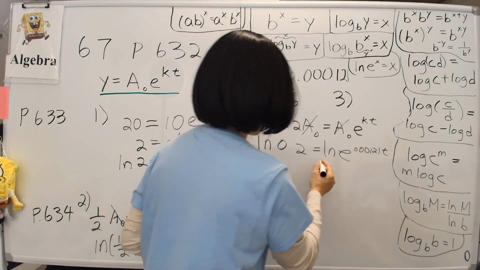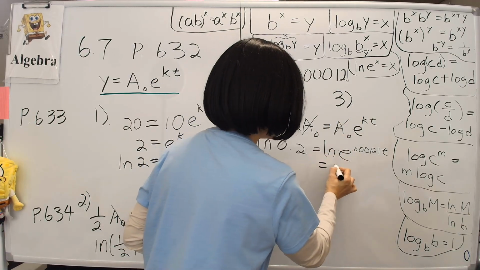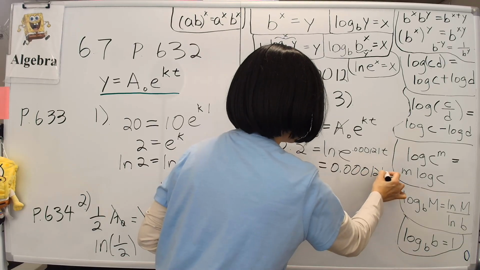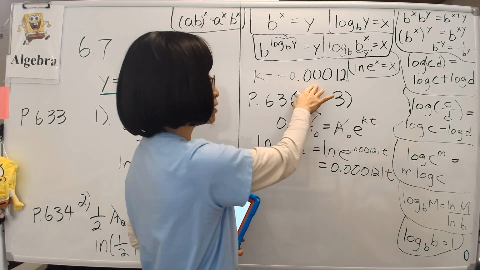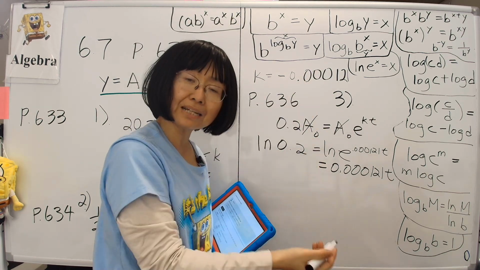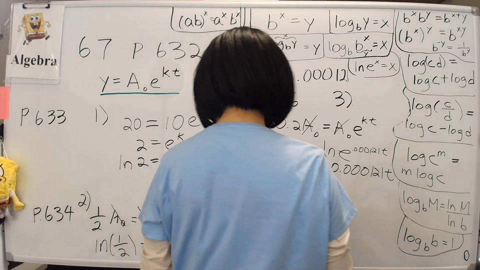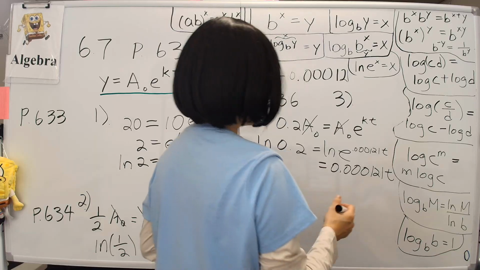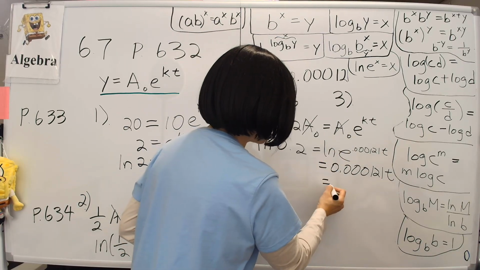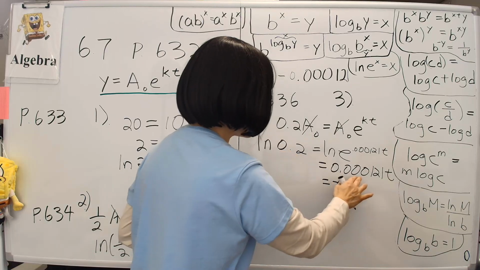So anyway, that equals 0.000121 t. Remember, this value, we got it from the previous example, is the decay rate of carbon-14 that we got right here. Anyway, so then that gives us t equal to this divided by this.